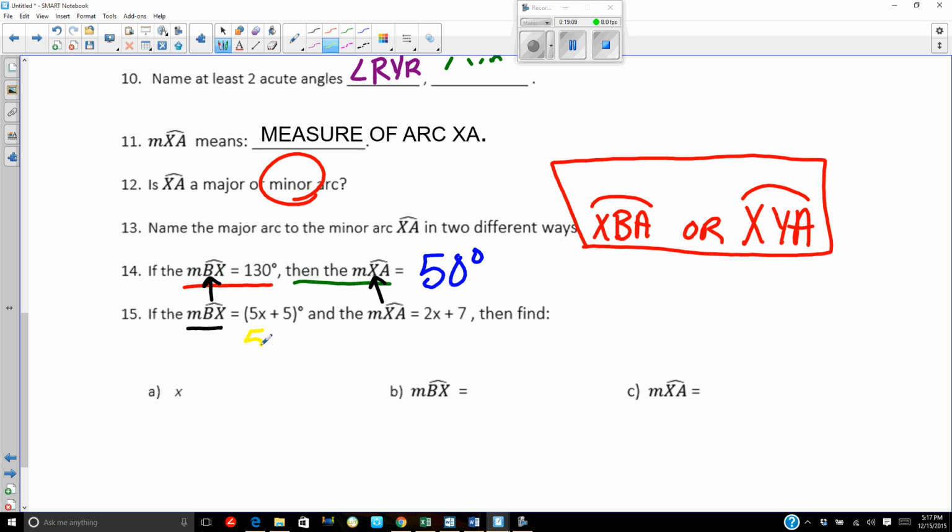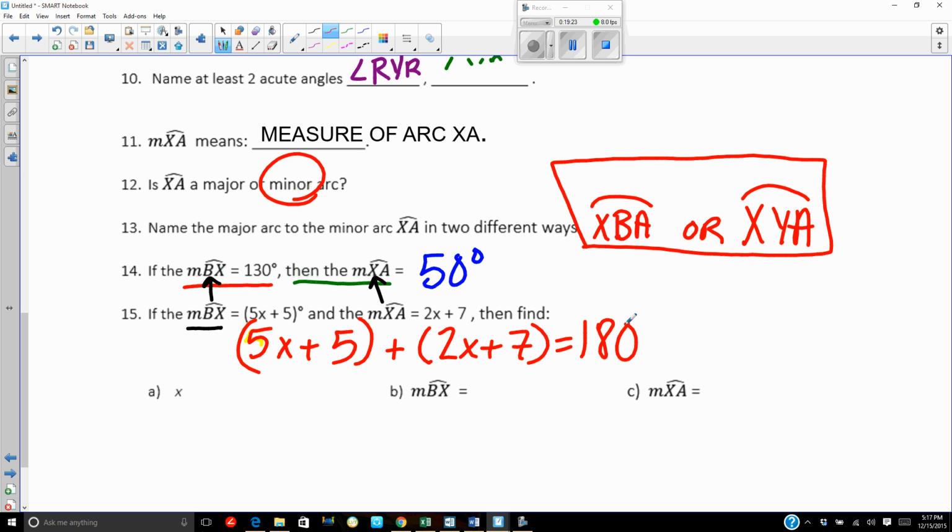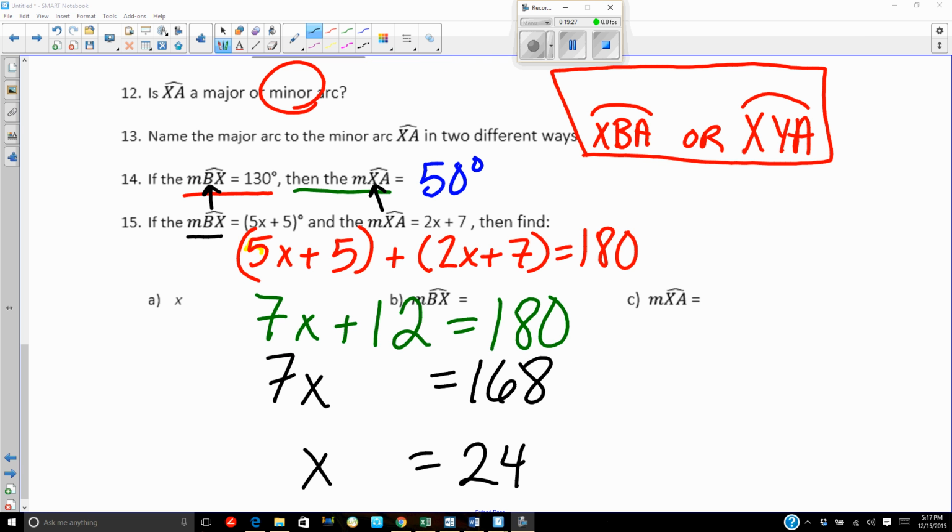So this should be a very familiar problem. Both those arcs have to add up to 180 degrees. So to solve for X, we need to add those together and set it equal to 180. So there's the work. X should equal 24.